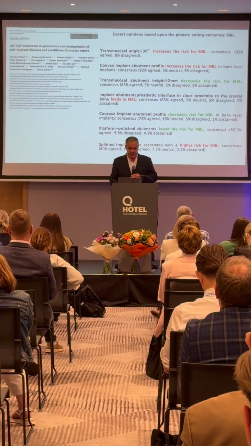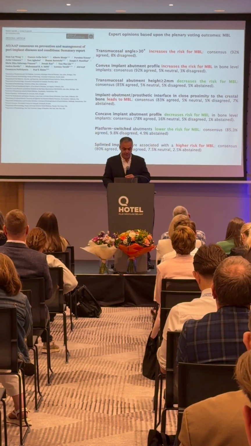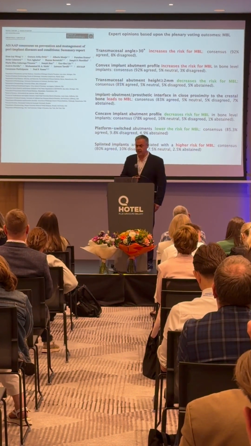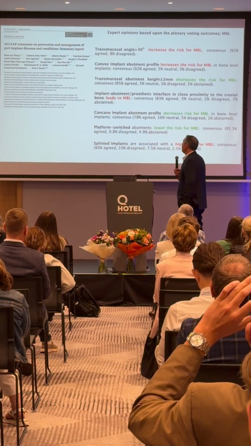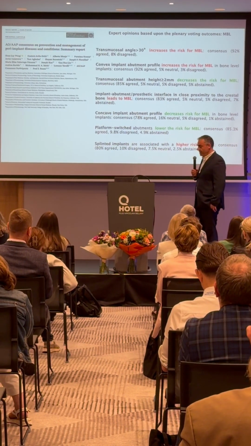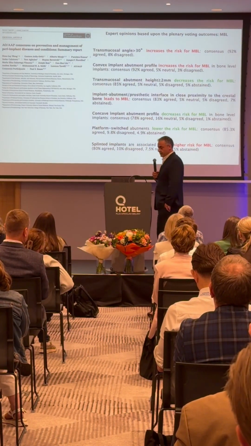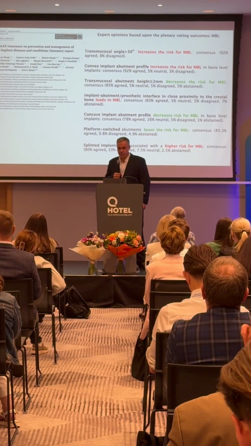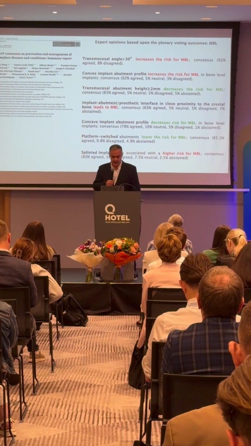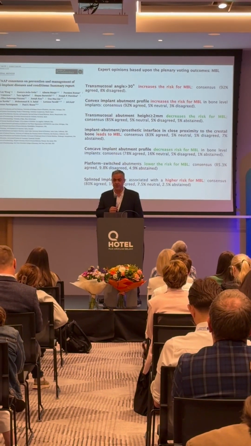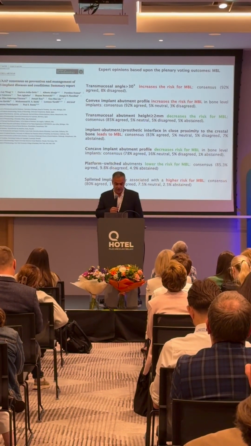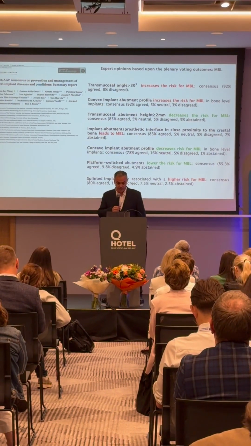So regarding the prosthetic features and looking at this EAO and AAP consensus, we can see that when you have an emergence angle of more than 30 degrees and a convex profile, we have an increased risk of marginal bone loss.